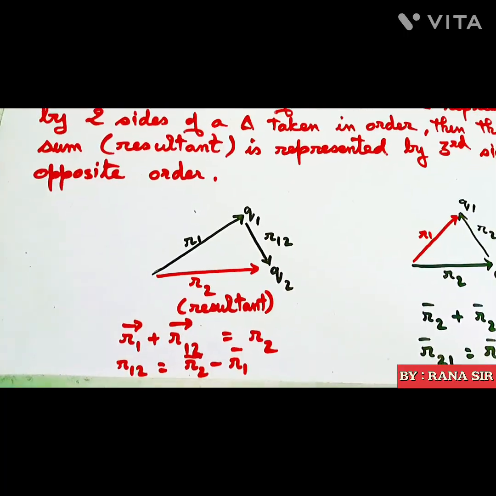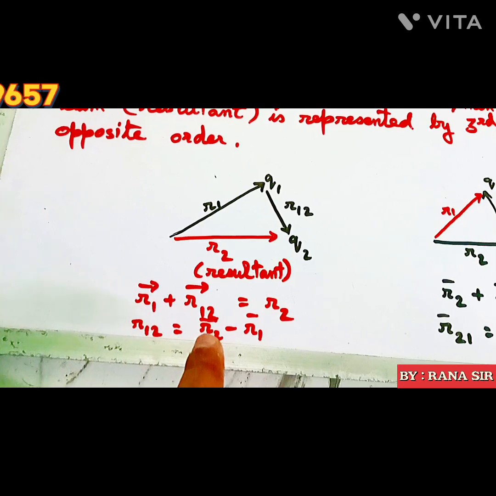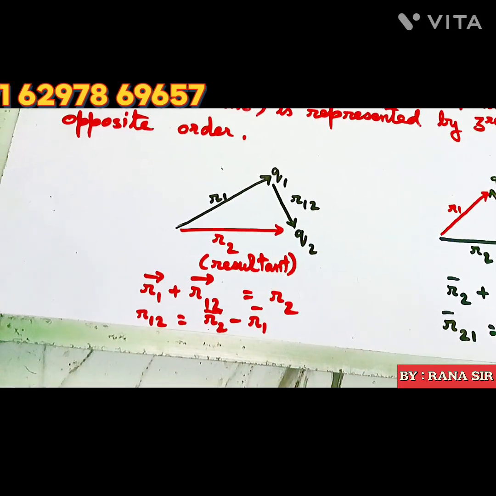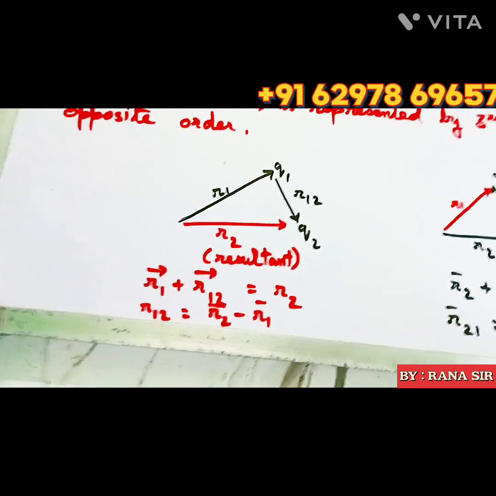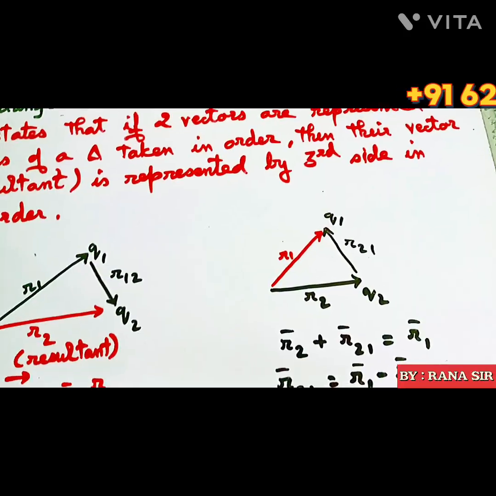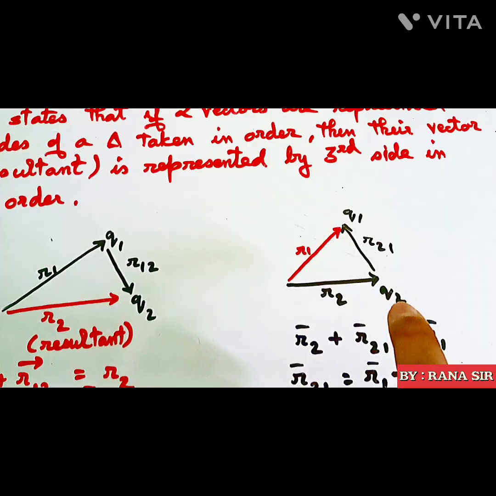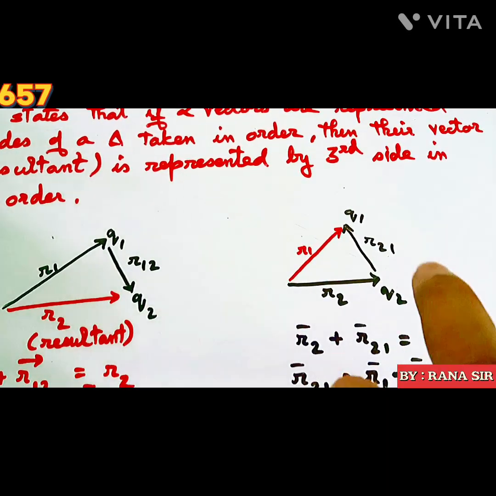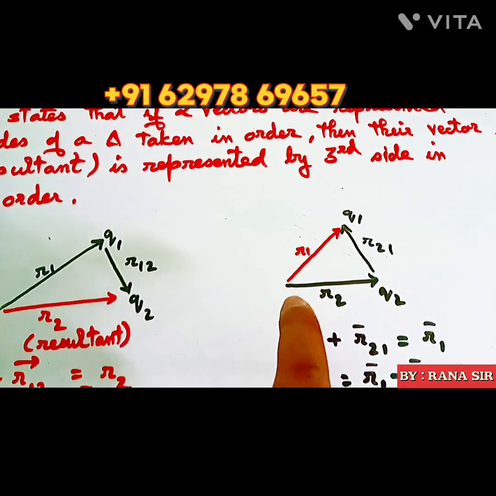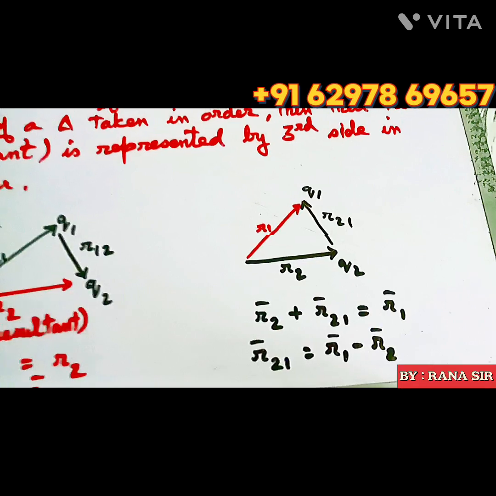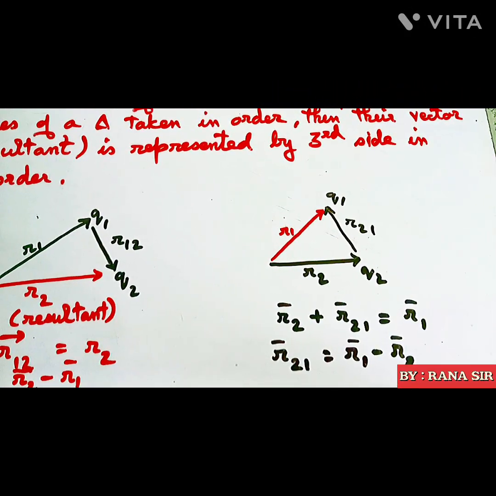So we can write R1 plus R12 equals R2, so R12 is equal to R2 minus R1. Similarly, from the origin to Q2 it's R2, from Q2 to Q1 is R21, and the resultant of the sum is R1. So R2 plus R21 equals R1, so R21 equals R1 minus R2.